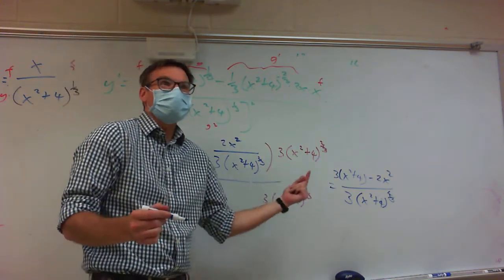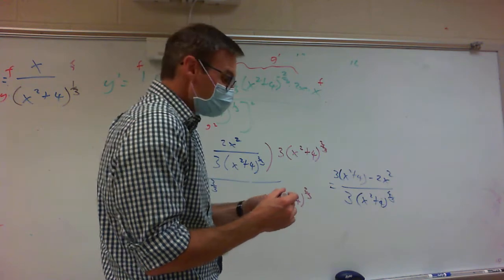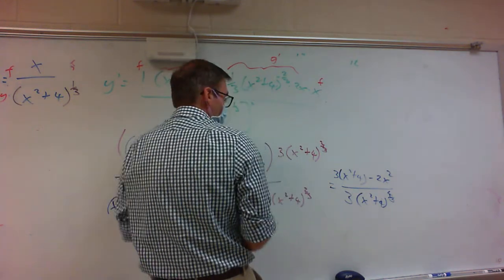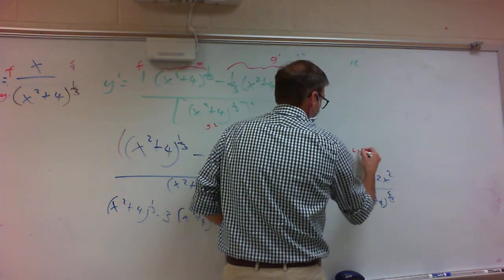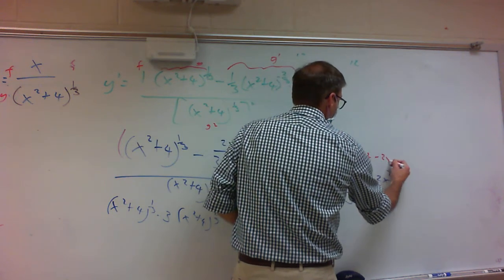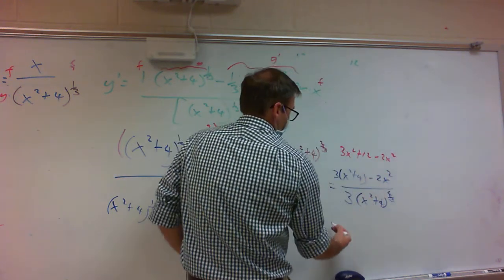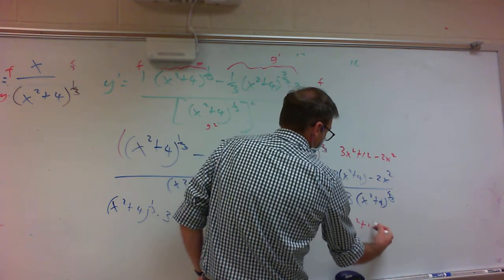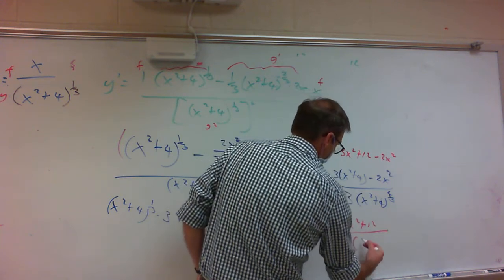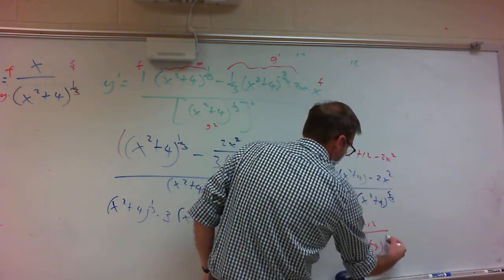Which is really nice, right? This cleans up incredibly nicely at this point, because I've got 3x squared plus 12 minus 2x squared. So my final answer is x squared plus 12 all over 3 times x squared plus 4 to the 4/3.